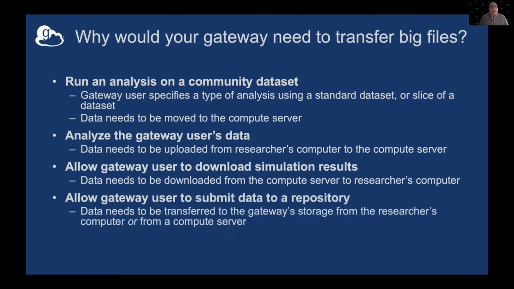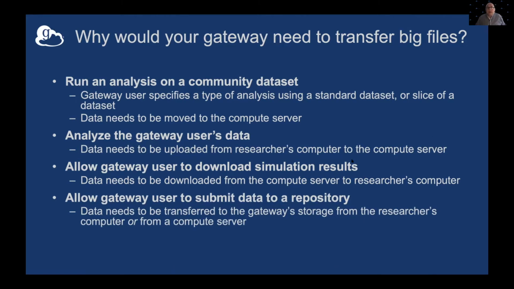And then finally, a fourth example would be allowing a gateway user to add data to a community data repository. So maybe in this case, your gateway is there to allow people to build up a community repository or a data collection, and you want people to be able to submit their own data sets to that data collection. And so the data needs to be transferred to the gateway's storage, wherever that may be.